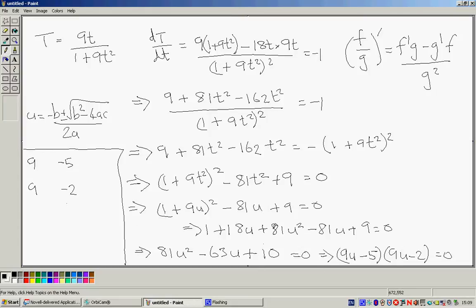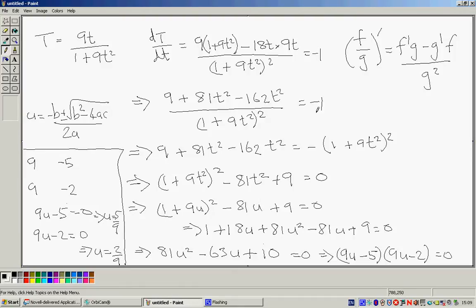And that is only true if either 9u minus 5 is equal to 0 or 9u minus 2 is equal to 0. In the first case, u must be equal to 5 upon 9. In the second case, u must be equal to 2 upon 9.